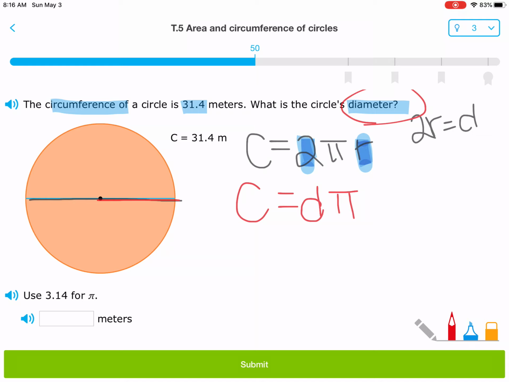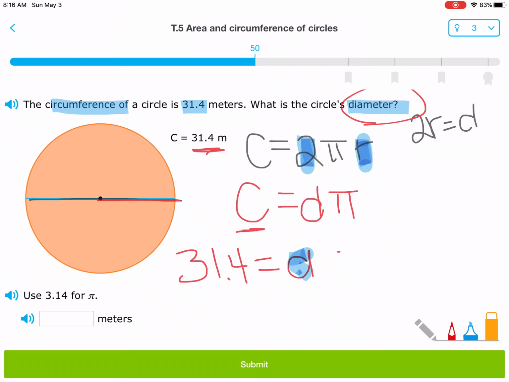So C equals 31.4. And we need to know in this formula what D is. So this is an equation. How would we solve this equation? Well, we know what pi is.